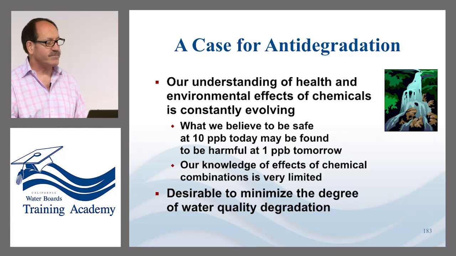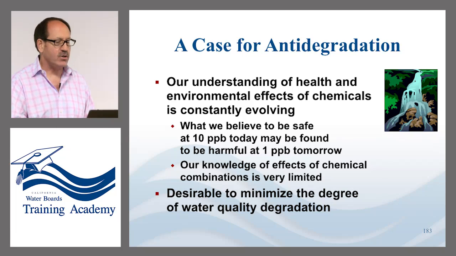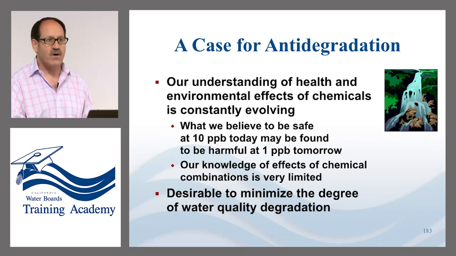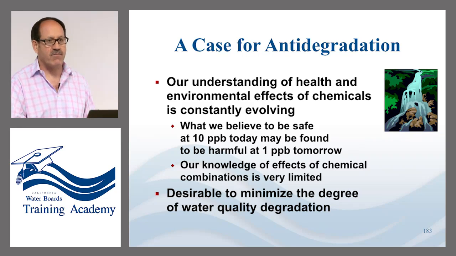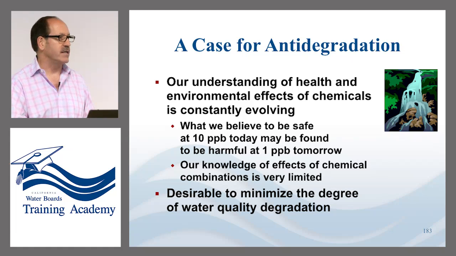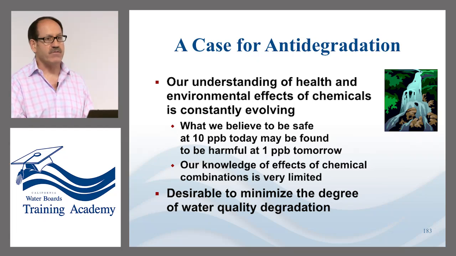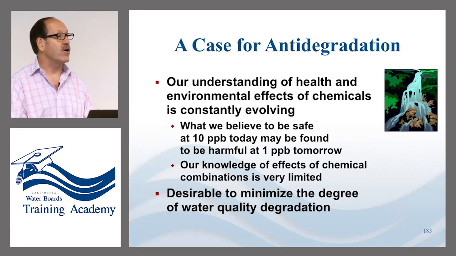The other reason, we just don't understand the potential health and environmental effects of all chemicals on all uses. What we have is a small fraction of that understanding. And every time we get more information, there's a chance that our estimates are going to get more stringent. As I mentioned with cadmium and the difference between EPA's California Toxics Rule criterion for aquatic life protection and the EPA recommended water quality criteria that are newer.